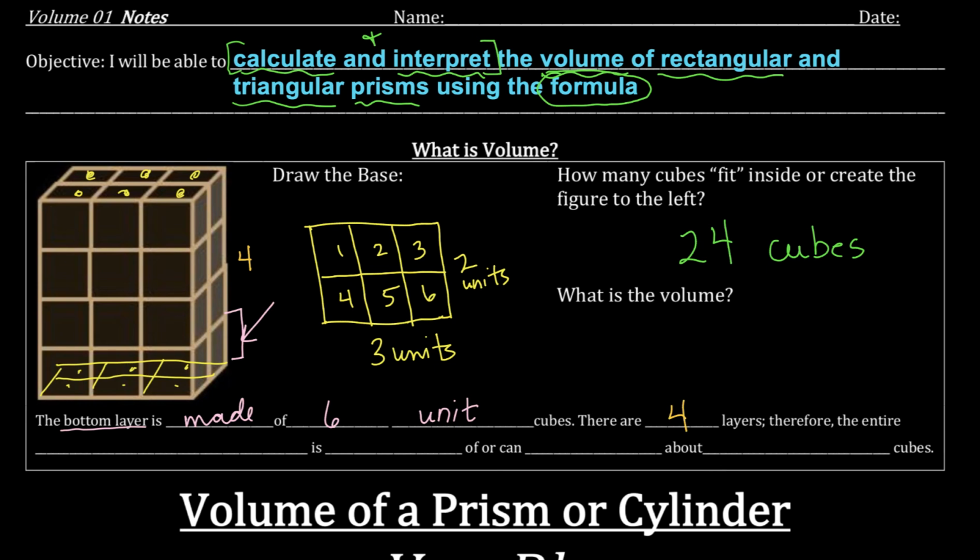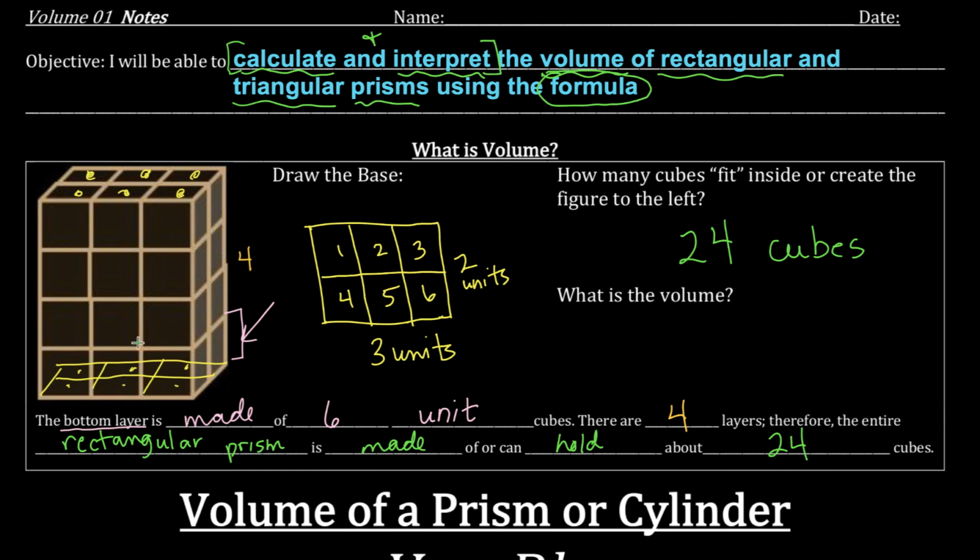Therefore, the entire rectangular prism is made of, or can hold, it's not perfectly hold because it's taking up some space, it can hold about 24 cubes.